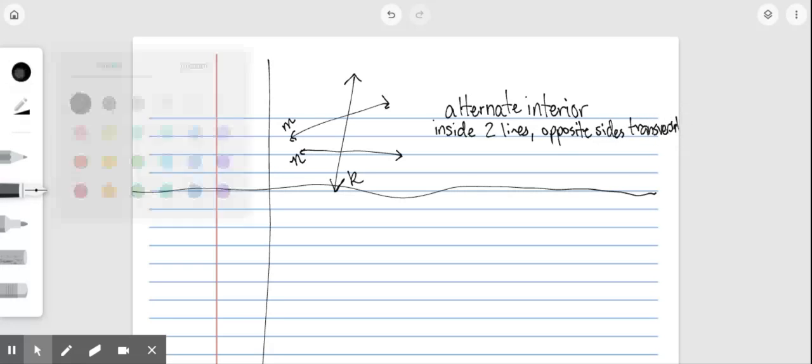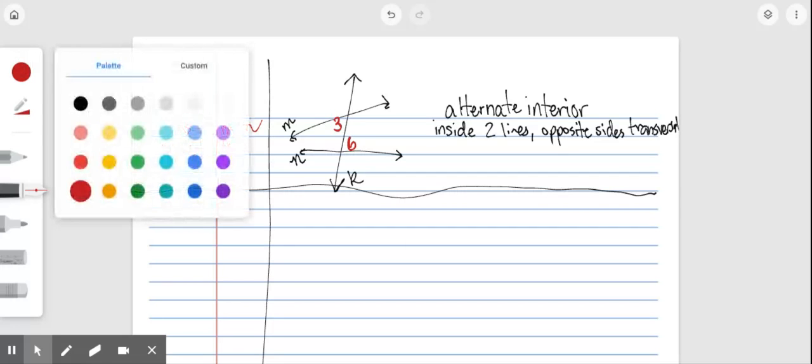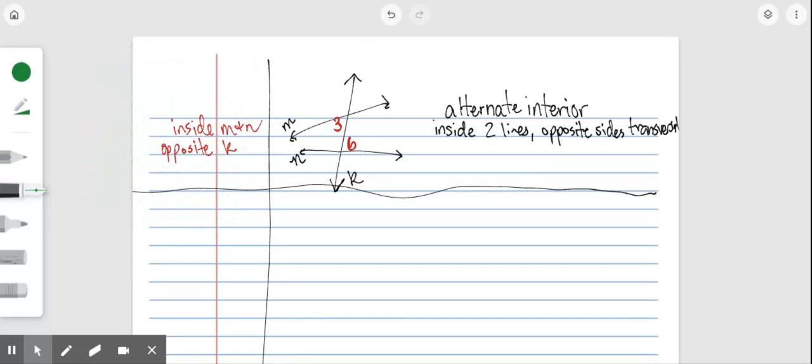Okay, so if I'm looking at this diagram again, I know that angle 3 and angle 6 are alternate interior because they're inside lines M and N, and on opposite sides of line K. There's one other pair of alternate interior angles, and that would be angle 4 and angle 5.